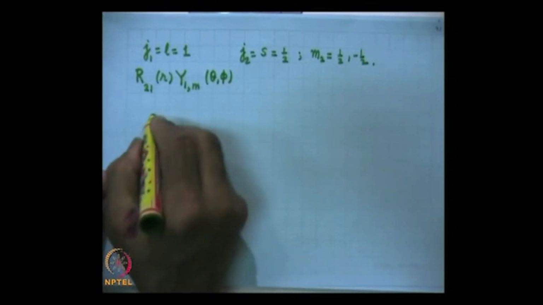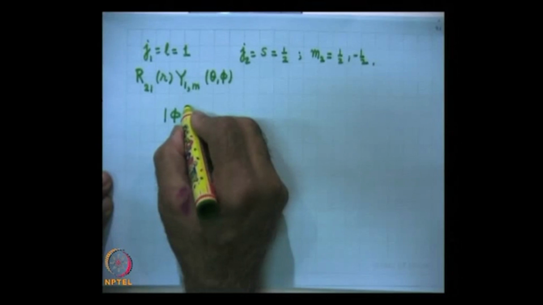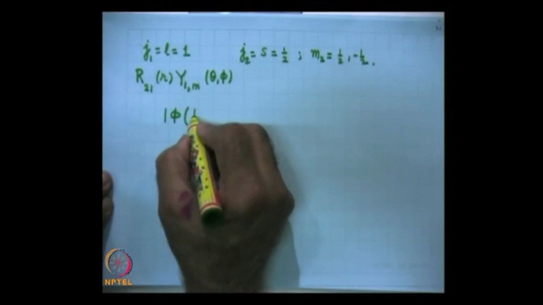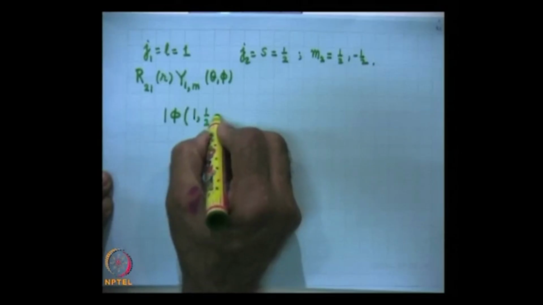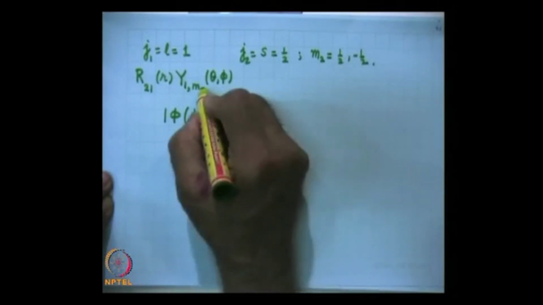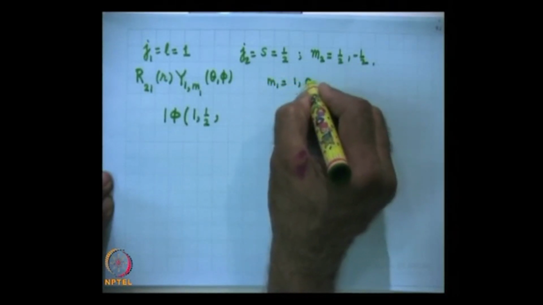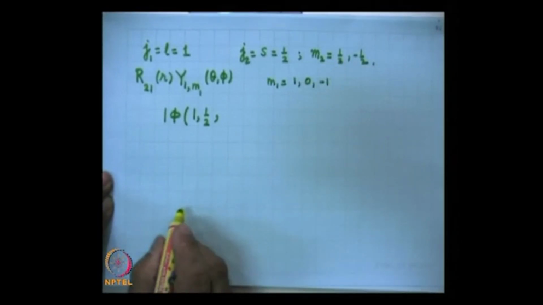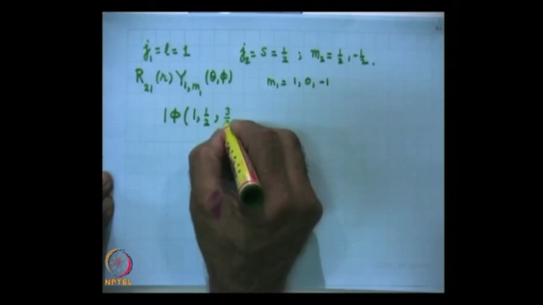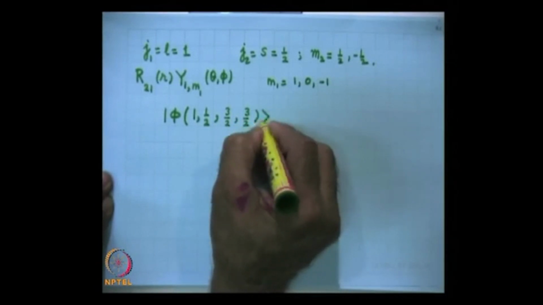So, therefore, we start with the ket phi J1 J2, that is 1 comma half, and as I told you, the maximum value of M is, you see M1, sorry, this is M1. So, M1 is 1, 0, minus 1. So, the maximum value is 3 by 2. So, the J is 3 by 2 and M is 3 by 2. Okay.